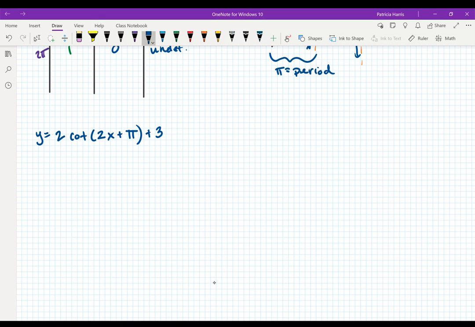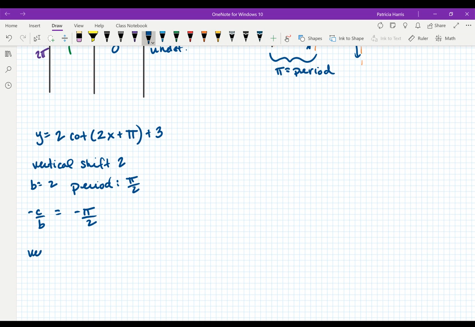So it looks like I have a vertical shift of 2. Remember, no amp, because there's really no height because it approaches infinity. My b value is 2. So that means my period is pi over 2, because pi over b. My phase shift is the opposite. It's c over b. So my phase shift would be negative pi over 2. So left pi over 2.